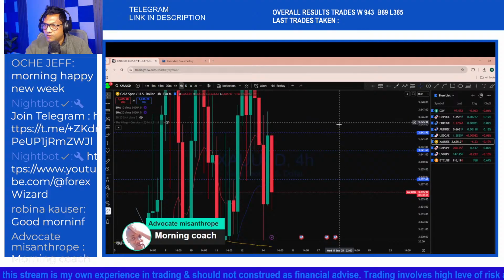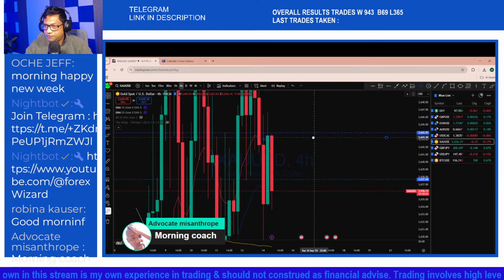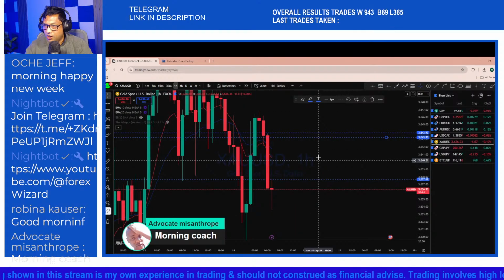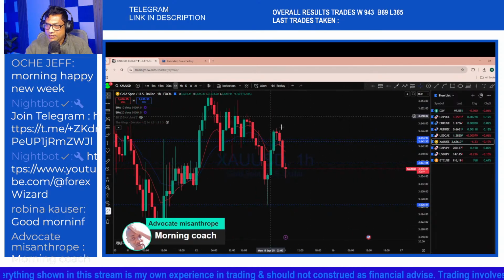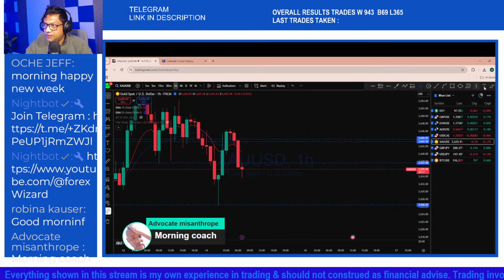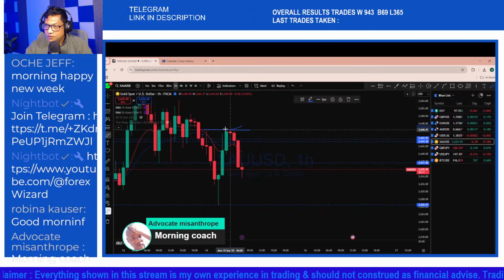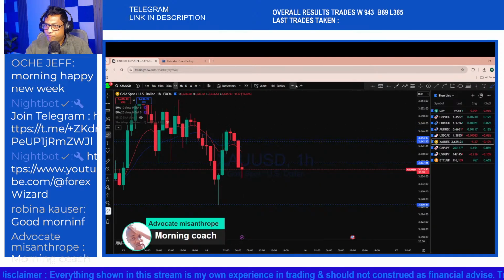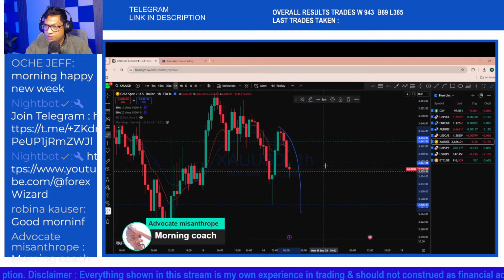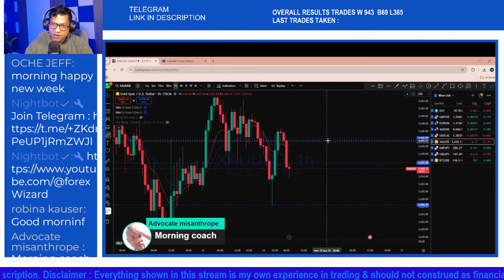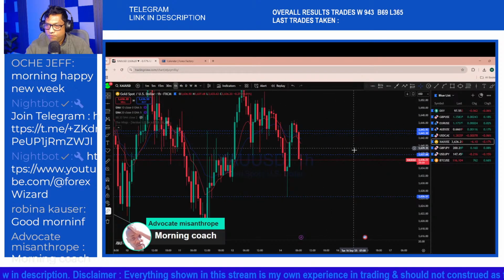So two levels that we are looking at. One is the 4 hour resistance and the other one is here, right? Now in that area that we can see, this is a resistance where the market crossed that high, grabbed the liquidity, and we can see the price slowly coming here for another rejection back below.